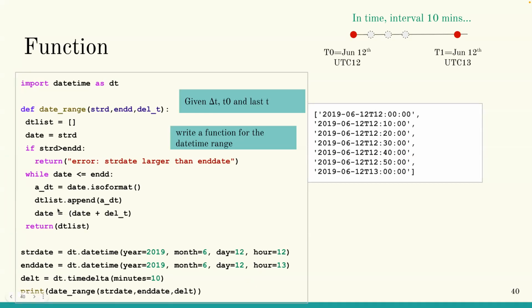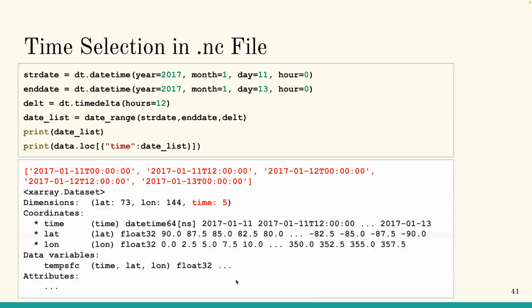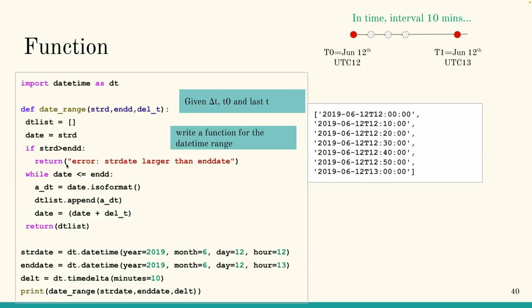Just copy this if you want to use it. And then put the start, end, and delta t. It will give you the range, right? The output, we are returning the datetime list. So the output of this date range function would be this list. Usually I would ask you to write that, but it's okay if you want to use my function in here.